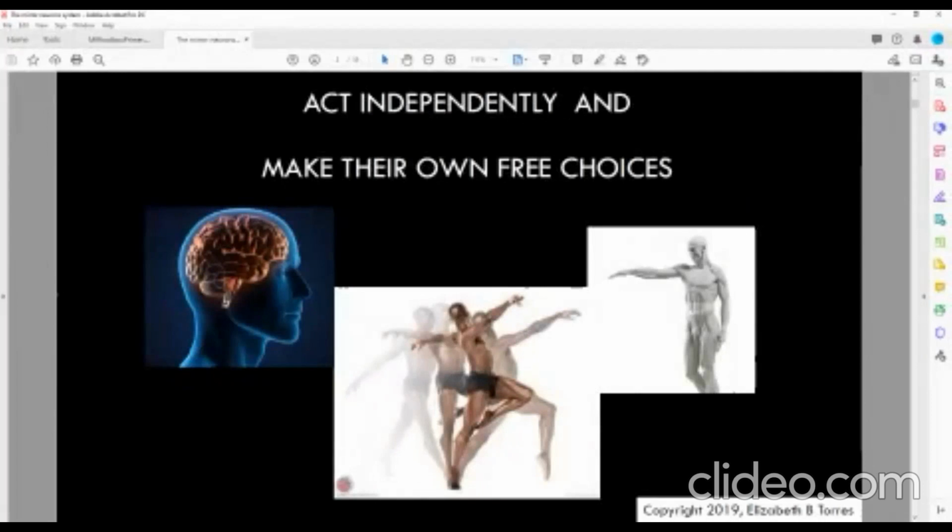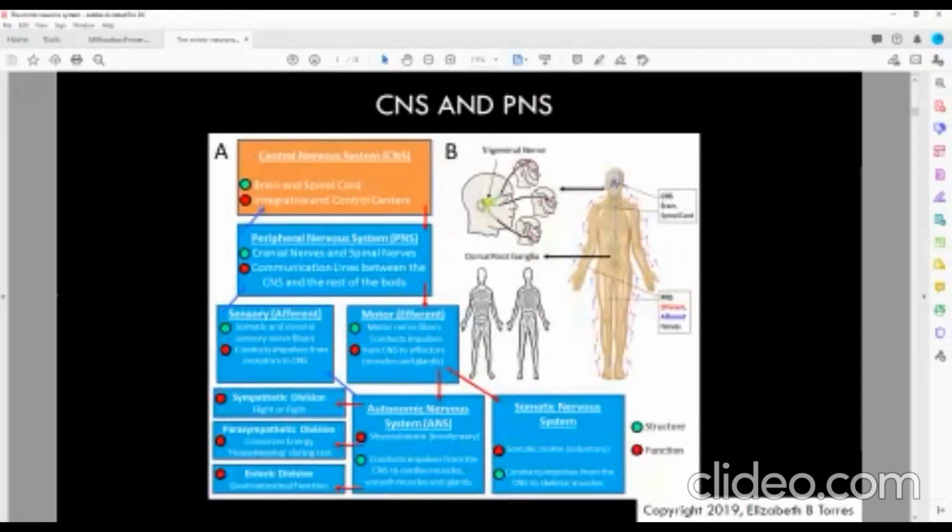In essence, you want to consider both the brain and the body when you're talking about agency, and not just one or the other, because they go together and feed from each other. You can see that in how the central nervous system and the peripheral nervous system are structured and how they share information.